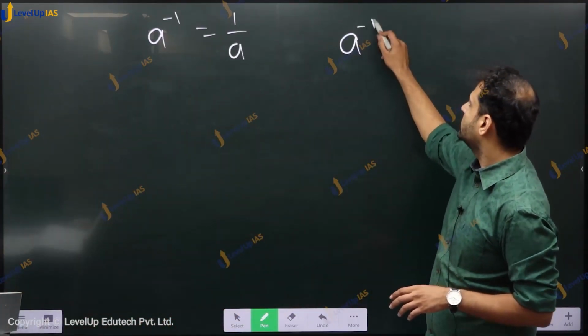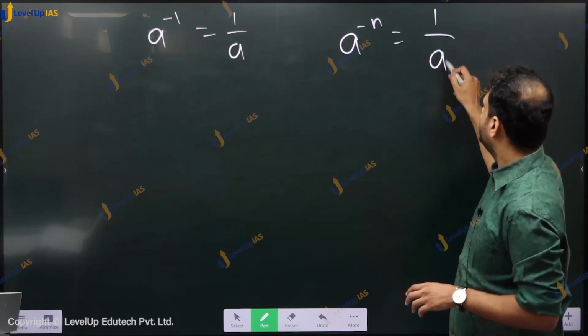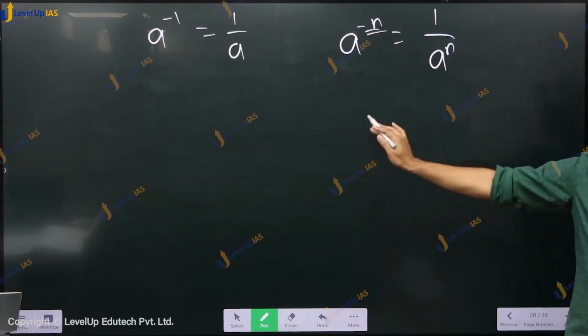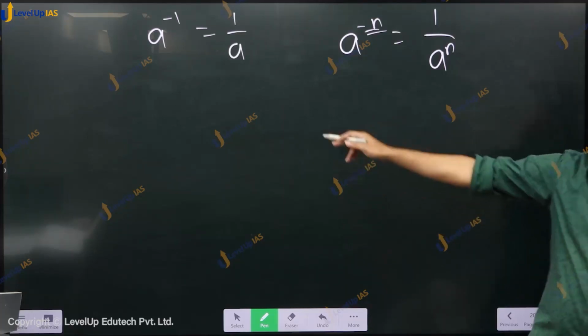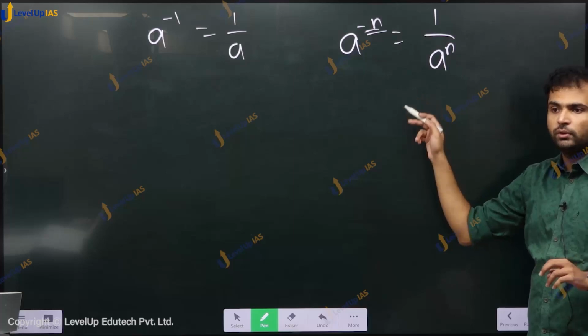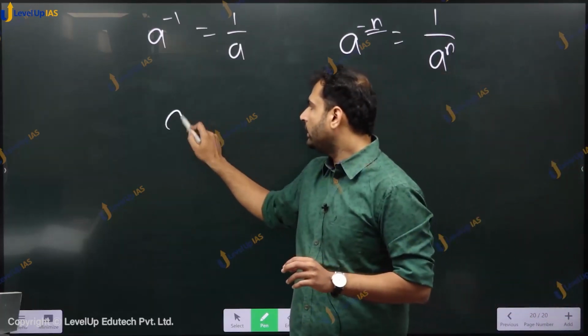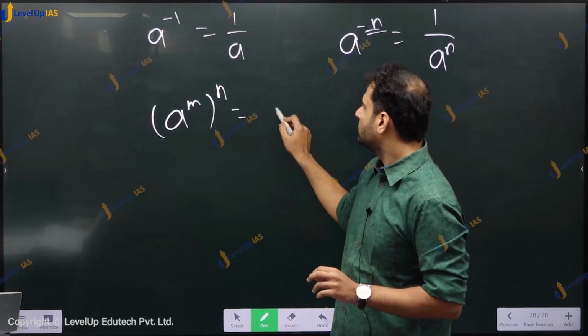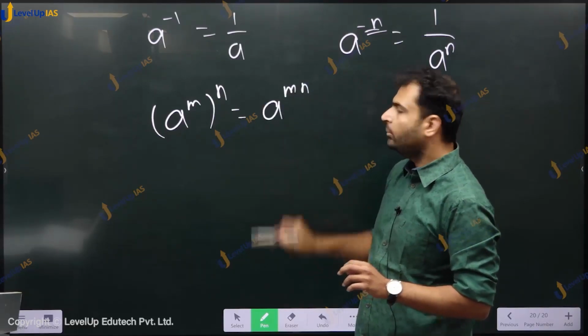A raised to minus n is 1 by a raised to n. जो भी नेगेटिव यहाँ पे आएगा ना वो डिवीजन में जाके पॉजिटिव हो जाएगा, यही याद रखो बस. जिस माइनस में है तो नीचे जाके प्लस में होगा. देन a raised to m raised to n is equal to a raised to mn.